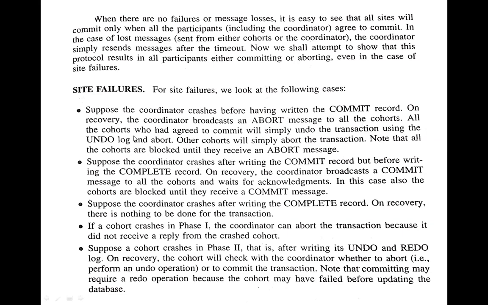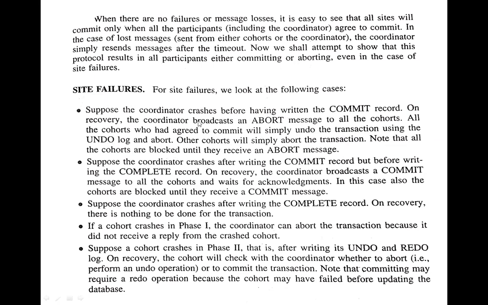All the cohorts who had agreed to commit will simply undo the transaction using the undo log and abort. Other cohorts will simply abort the transaction, and note that all the cohorts are blocked until they receive an abort message from the coordinator.